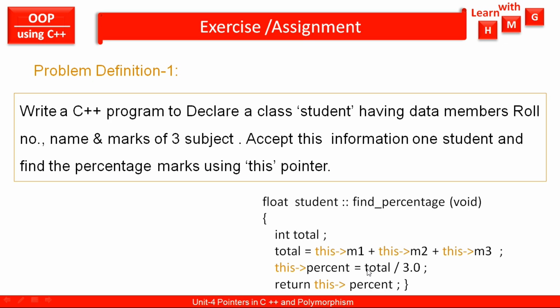As m1, m2, m3 are the data members, they should be distinguished from the local variables, so they will be indicated by this arrow m1 plus this arrow m2 plus this arrow m3, and then this arrow percent is equal to total divided by 3.0, and return this pointer percent. Here m1, m2, m3 and percent are the data members of the student class. So using this member function, you can write the complete C++ program to find the percentage of a particular student.